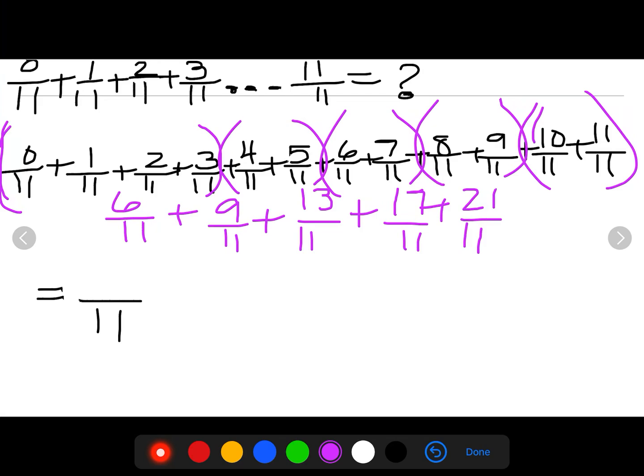And I would have 21/11. Now that we've chunked our fractional units into larger units, it actually makes it easier for us to add. Instead of adding 0 plus 1 plus 2 plus 3 all the way to 11, now we're just adding 6/11 plus 9/11 plus 13/11 plus 17/11 plus 21/11. Go ahead and add your numerators together and let me know what you get.